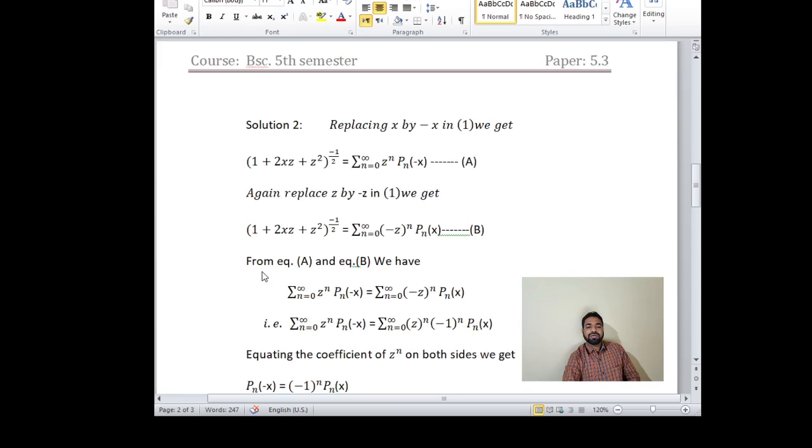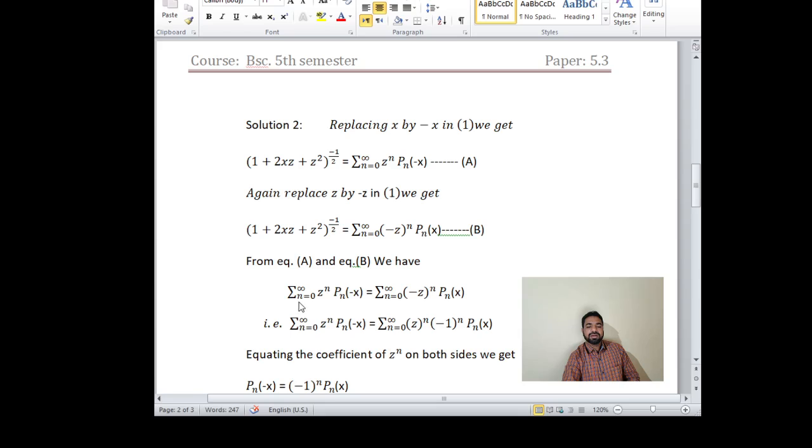Now from equations A and B, see here equation A LHS and equation B LHS, both LHS are the same, so these two RHS must be equal. So therefore we write sigma n runs from 0 to infinity z raised to n Pn of minus x is equal to sigma n runs from 0 to infinity minus z raised to n Pn of x.